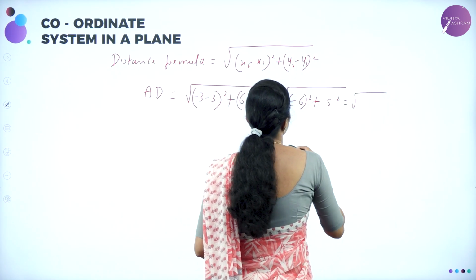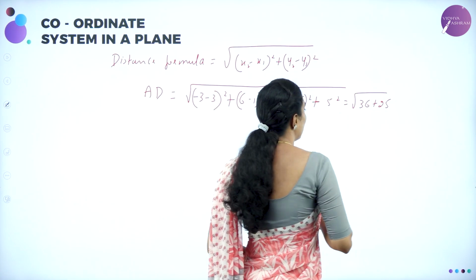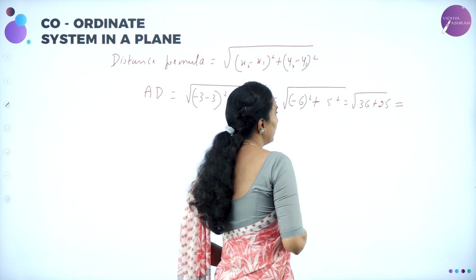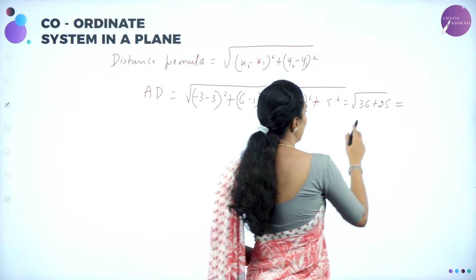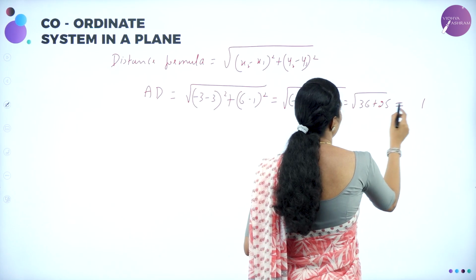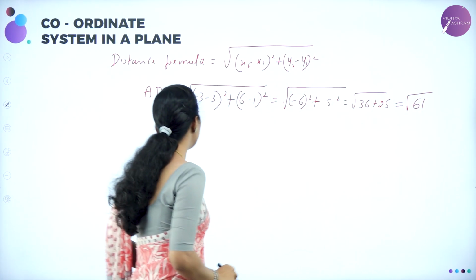The answer will be root 36 plus 25. So 6 plus 5 is 11, and then 3 plus 2 is 5, 5 plus 1 is 6, 61. Square root of 61 is the answer for AD.